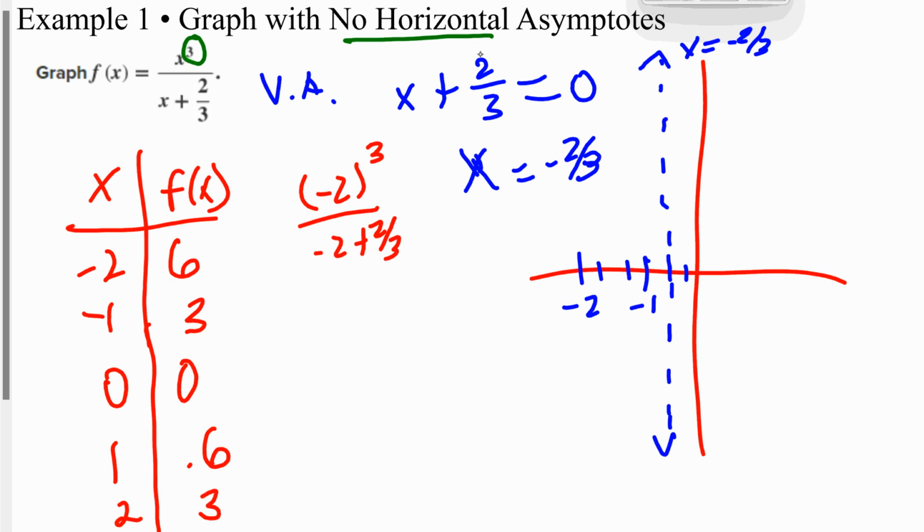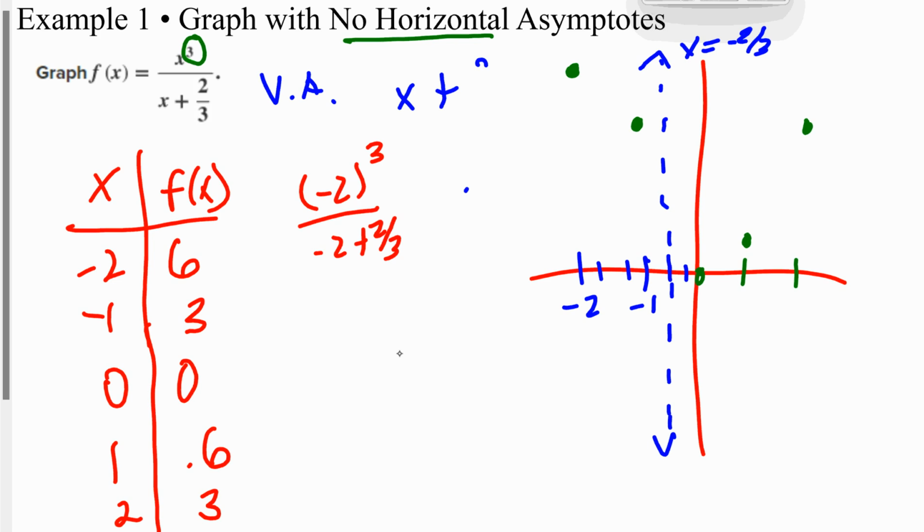So I can start graphing those. At negative 2, I'm at 6. Then at negative 1, I'm at 3, at 0, I'm at 0, at 1, I'm at 0.6, and at 2, I'm at 3.